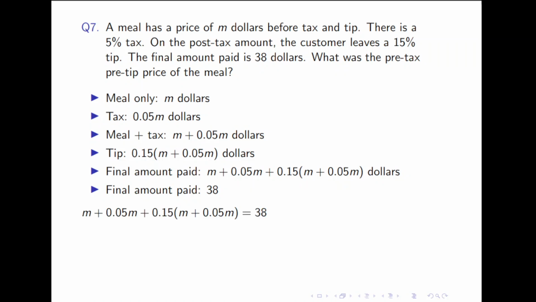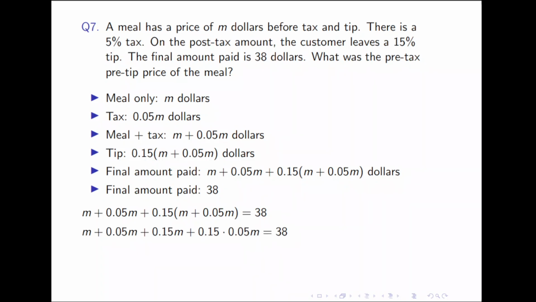So M plus 0.05M plus 0.15 times M plus 0.05M equals 38. Distributing 0.15 to both terms in the parentheses gives us M plus 0.05M plus 0.15M plus 0.15 times 0.05M equals 38.